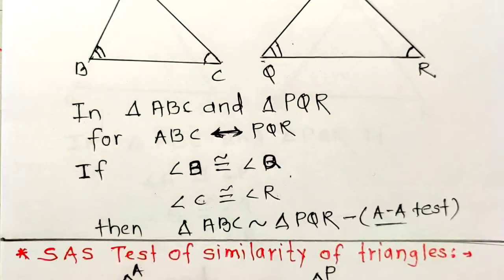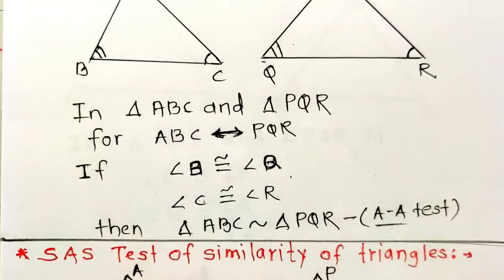So for two triangles with a given correspondence, if two pairs of corresponding angles are congruent, then these triangles are similar by AA test. So here it is the second property.